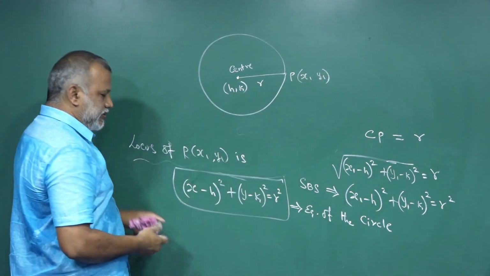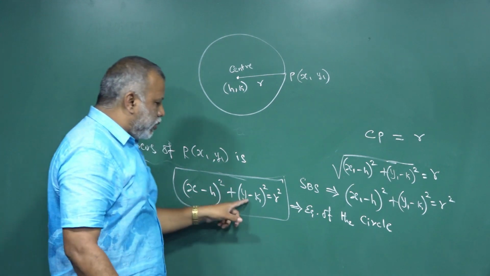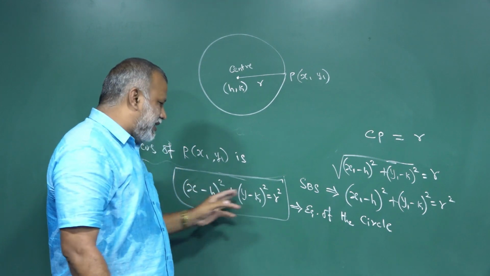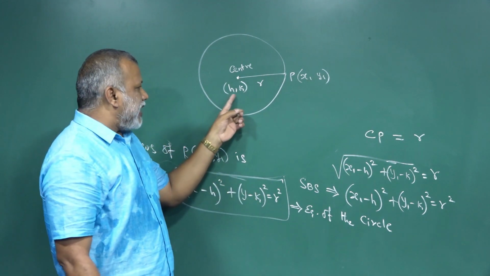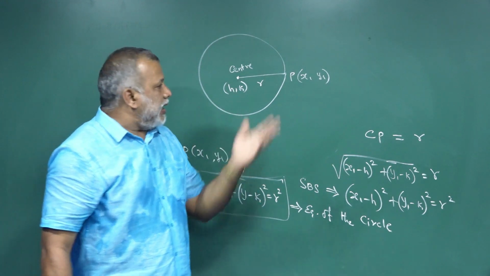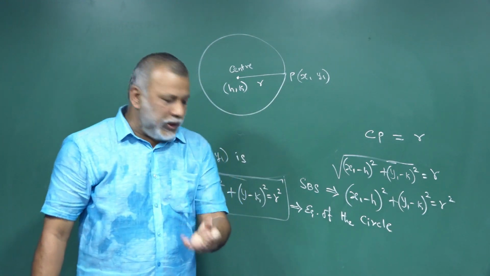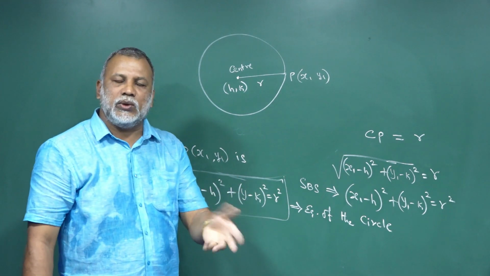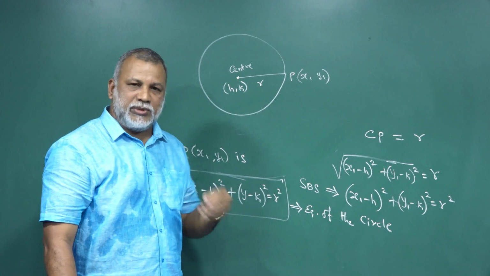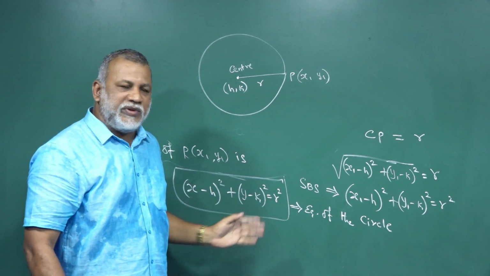Now we are getting this equation, x minus h the whole squared plus y minus k the whole squared equal to R squared. If in your calculation you get numerical values, instead of h, k we get a numerical value, for example 3, 5. Instead of the radius, it must be a unit containing a numerical value. After that, we are able to simplify. When we are using the sums, that means in problems, we are able to simplify this one.